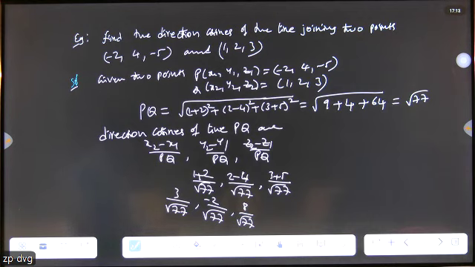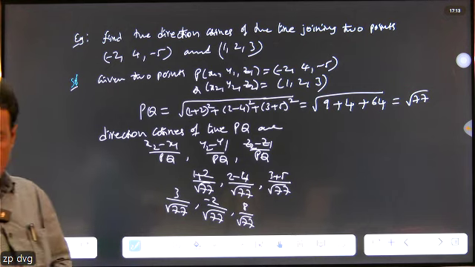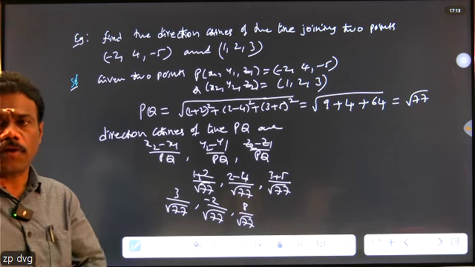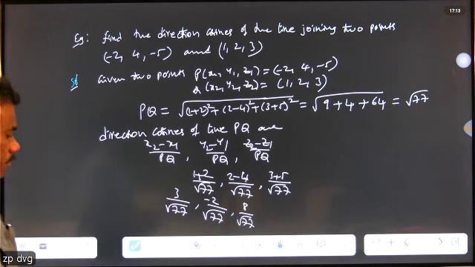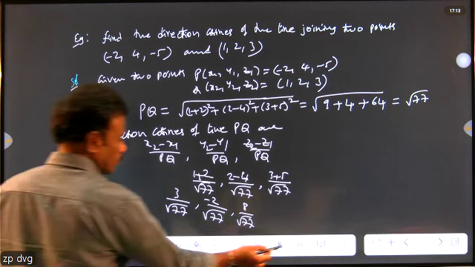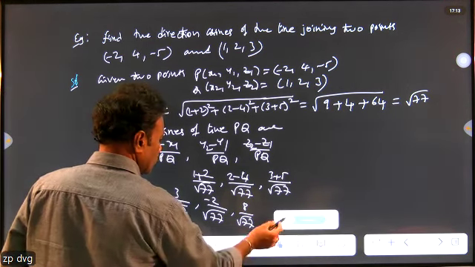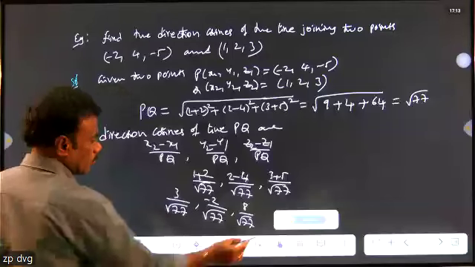Next we will discuss another model. When 3 points are given, we have to show that the 3 points are collinear. Let us see.